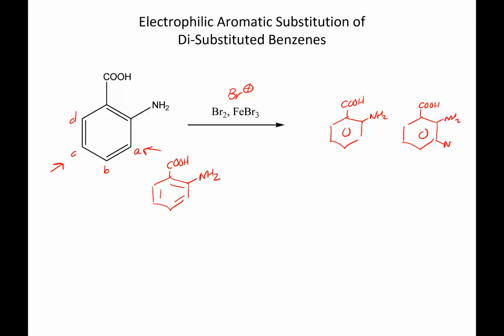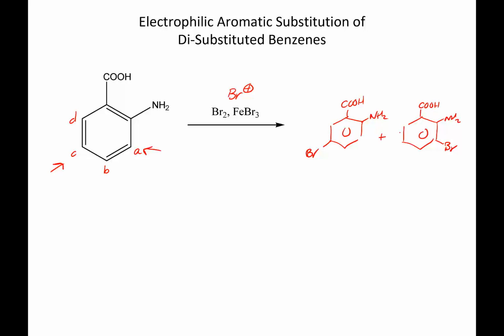And so I'm going to add a Br there and a Br there. Are those the same products? No? Okay, so they're different products. So we would get both products.